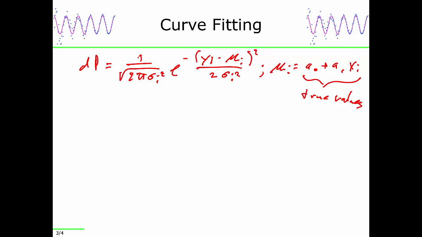Mu i is given by A0 plus A1 x sub i if these were the true correct values of A0 and A1. Is that y sub i? Yes, it is, but my pen is not working as well as it usually is, and it's making lines thicker and not separating things as well. So that is supposed to be an i subscript and not an L. Thank you.